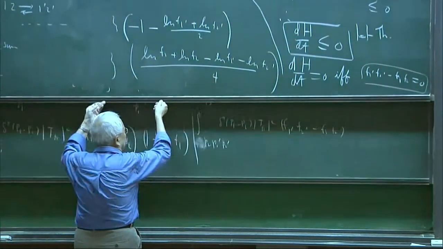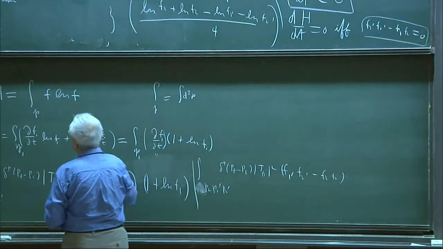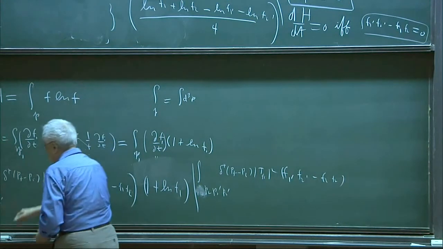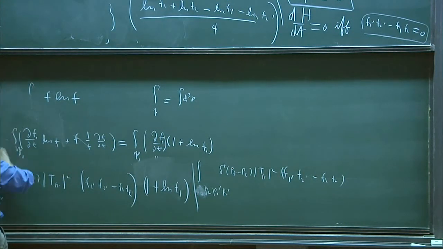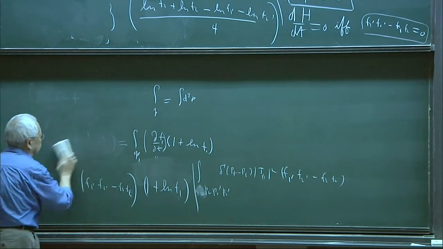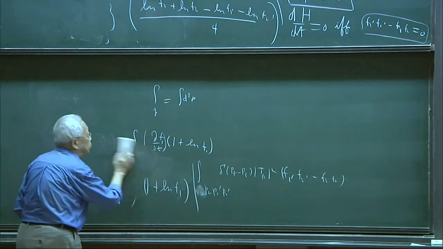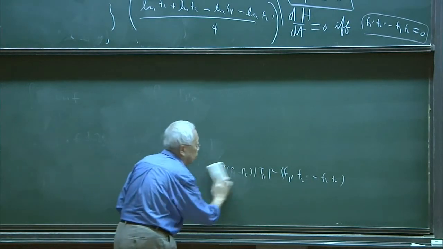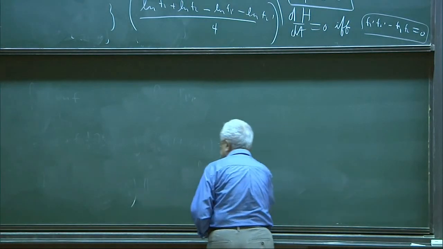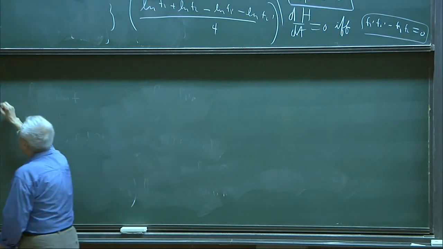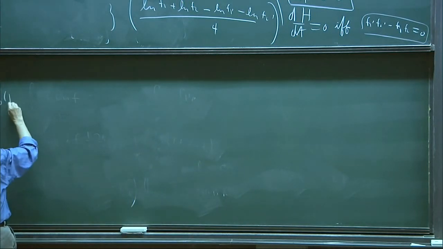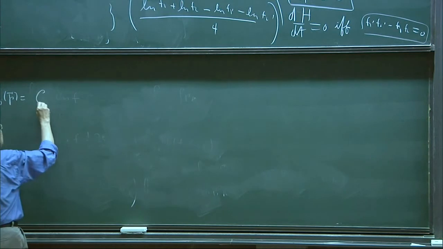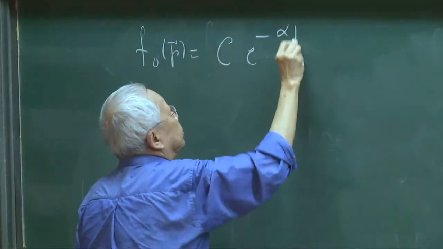And if you remember, the Maxwell-Boltzmann distribution now is independent of the time. It only depends on the momentum, because we are considering a spatially uniform system, so there's no spatial dependence. So the Maxwell-Boltzmann distribution function, which is F0 of P, is equal to some constant times e to the minus alpha P squared.